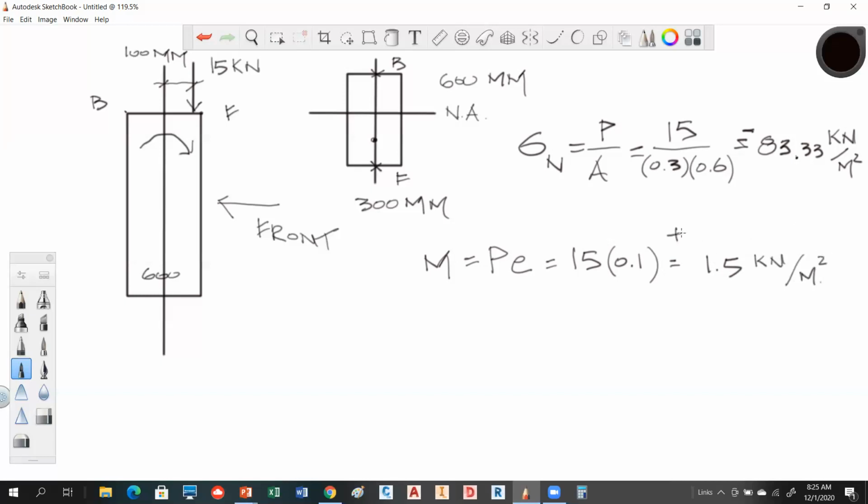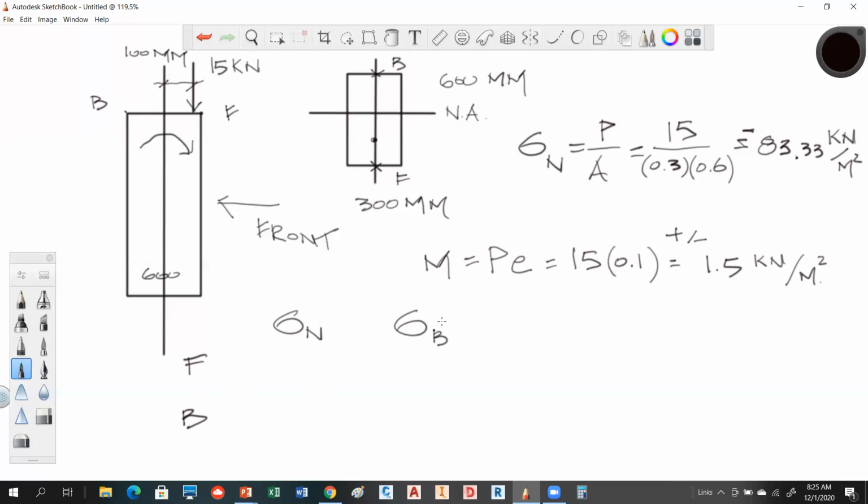Now, this guy's going to tend to be positive and negative because in the back, he's pulling up. In the front, he's tensioning or compressing. So we can do a little chart here, front and back, with a normal stress and a bending stress.